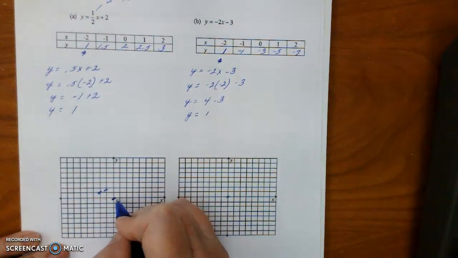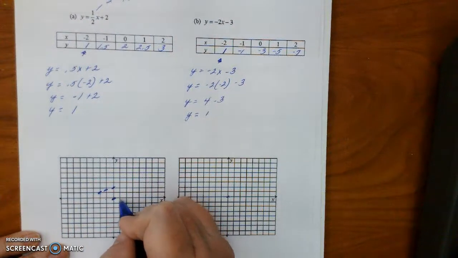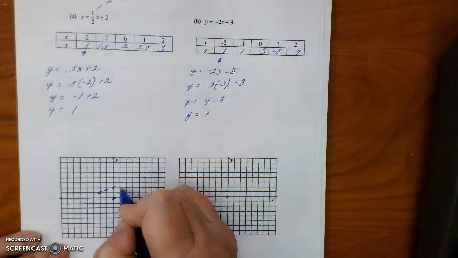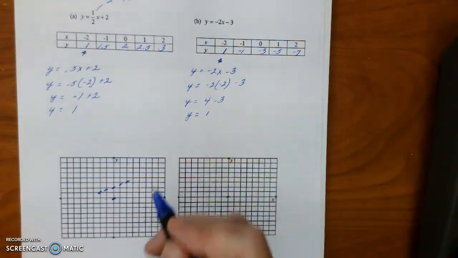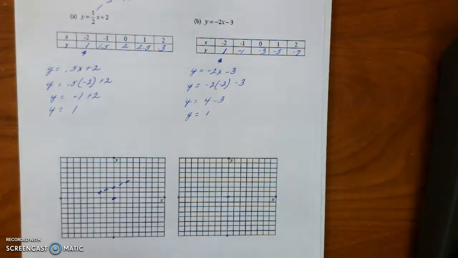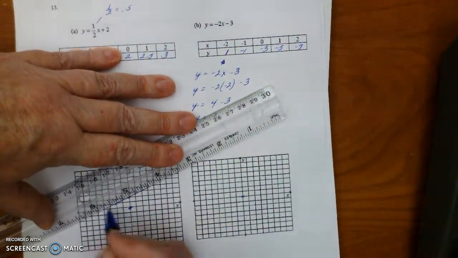Okay? 0 is 2. 1 is 2.5. And 2, 3. And then let's use a straight edge.